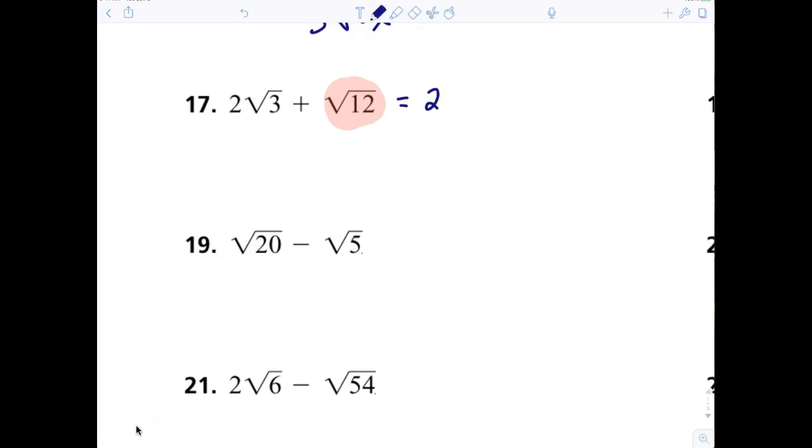Make sure we're seeing it step by step. 2 radical 3 plus the square root of 4 times 3. You with me? So now what happens to the 4? Yes, it does. What's the square root of 4? 2. So now you see it's 2 radical 3 plus 2 radical 3. And so what is that?